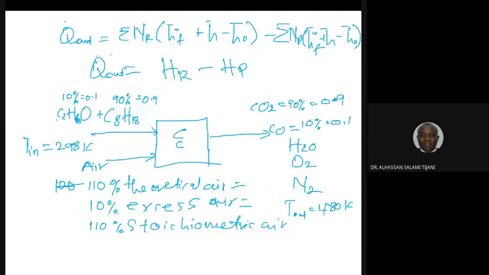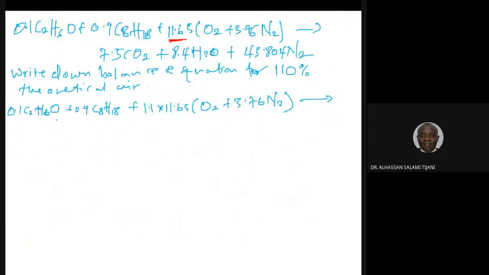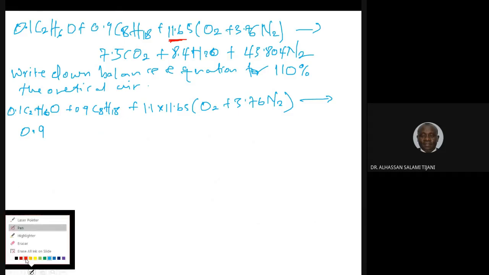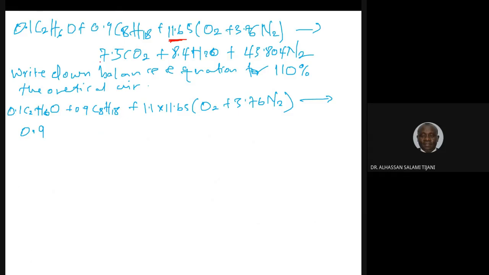Let's visit the question again. So this is the actual combustion now. In the actual combustion, 90%, so we are going to put 0.9 times the number of moles for carbon dioxide we know already. In the original equation, it is 7.5. You understand? So we'll multiply 0.9 by 7.5.